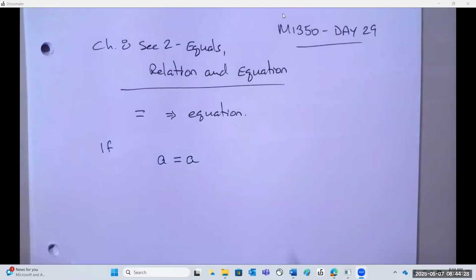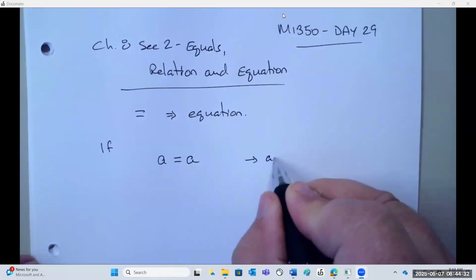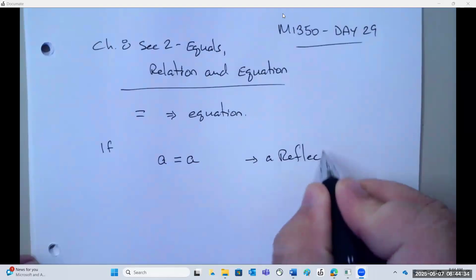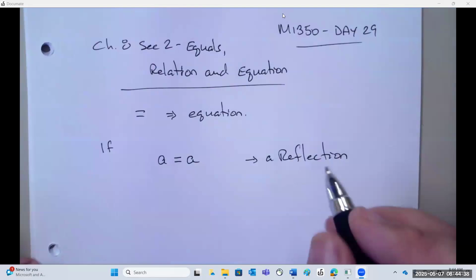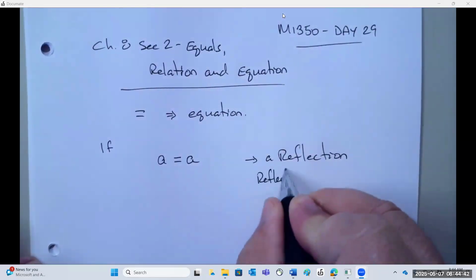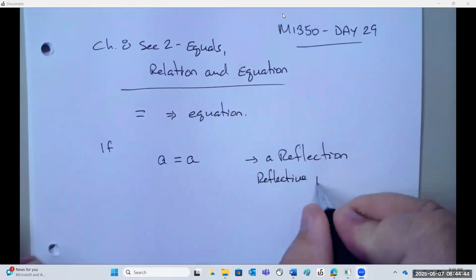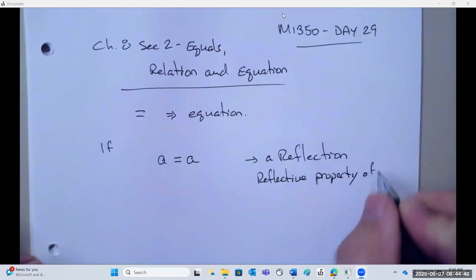It's a true statement. This is what's called a reflection. The reflective property of equality.